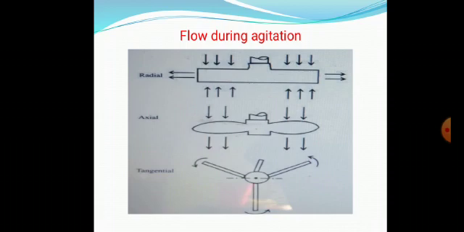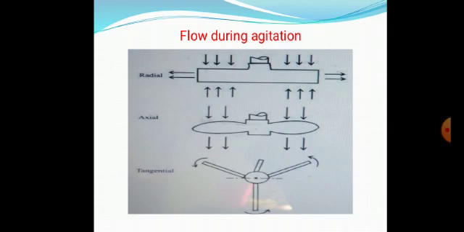The arrow mark shows you the movement of the media, how the media moves when the blade rotates. Media will be moving on the opposite side, and media will be coming towards the impeller. Axial type, all the media will be moving towards the impeller. And tangential type, you can see the flow of the medium is circular. It is similar to our marine propellers.